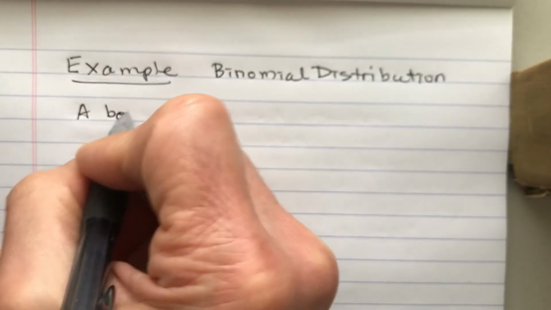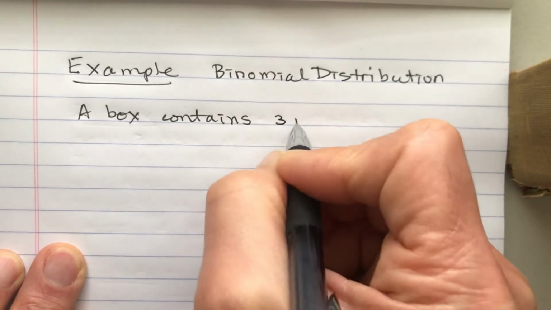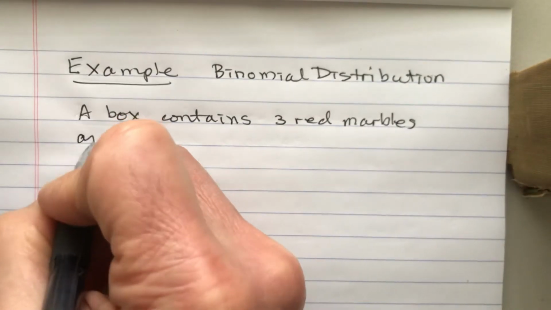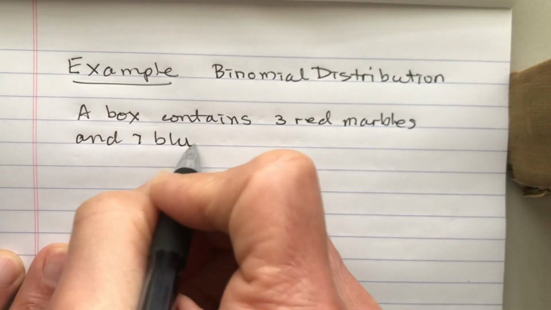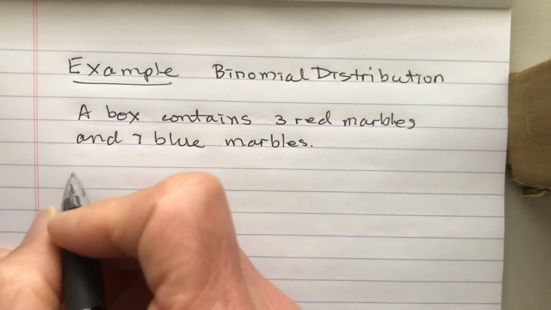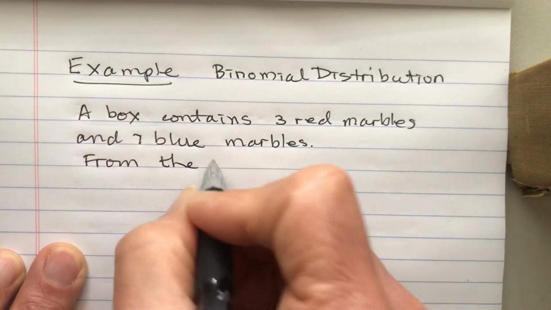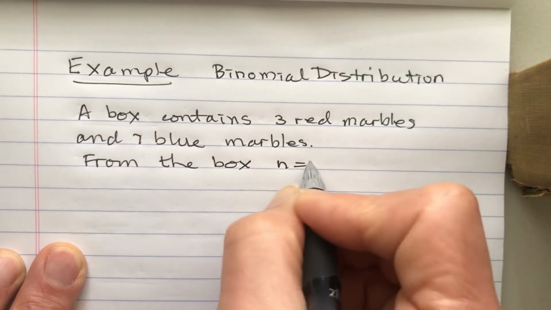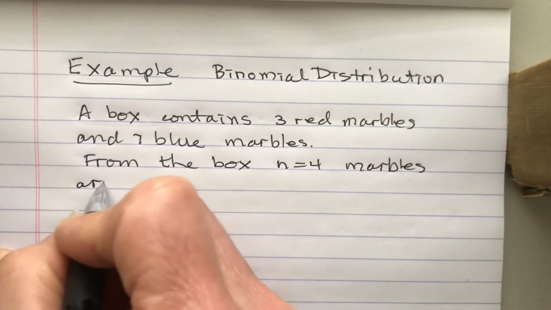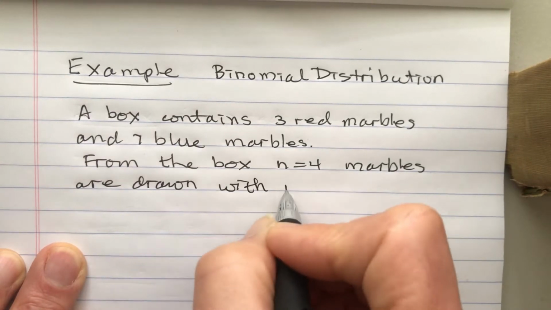A box contains 3 red marbles and 7 blue marbles. From the box, n equals 4 marbles are drawn with replacement.